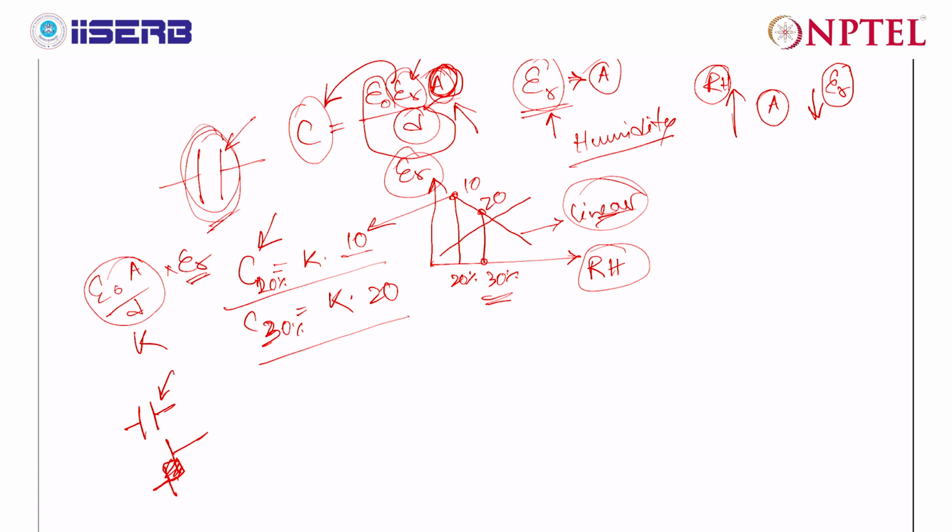We have seen that example, but what I'm trying to argue here is that the sensor designer can decide, based on the stimuli, what parameter to actually target. We can target epsilon r, we can target the effective cross sectional area, we also can target the d.